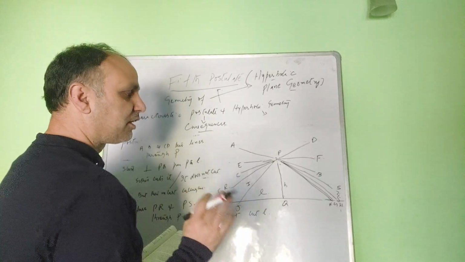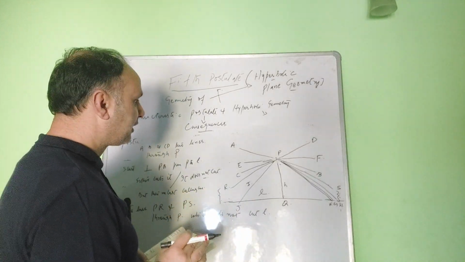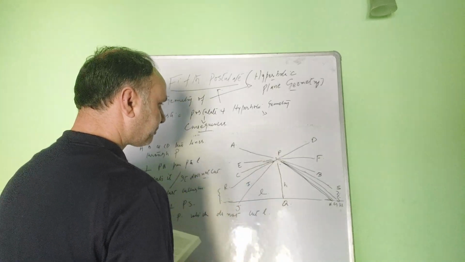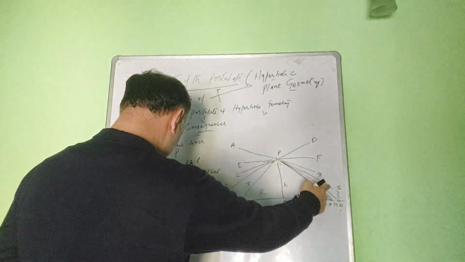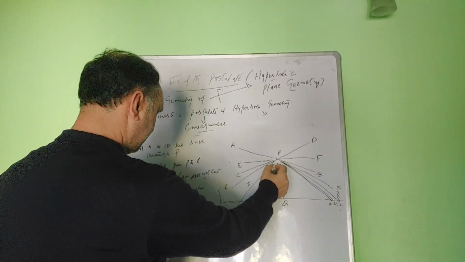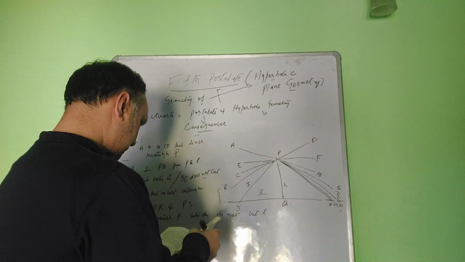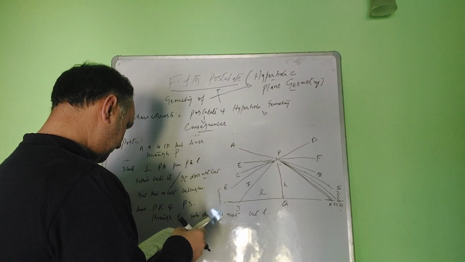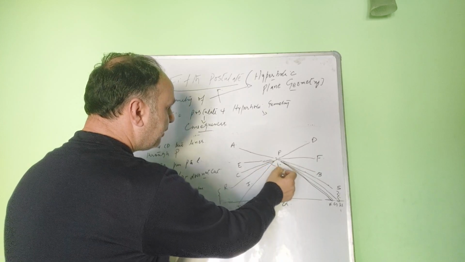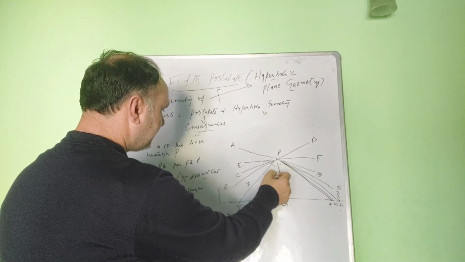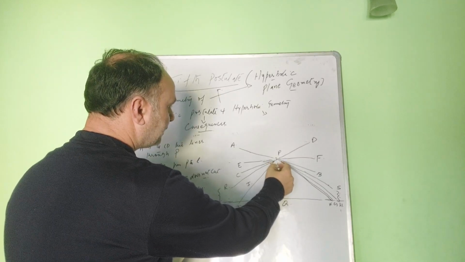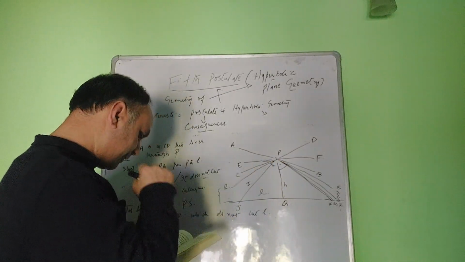We started by assuming that they can be constructed as equiangular angles. RPQ, this angle, and PQS.